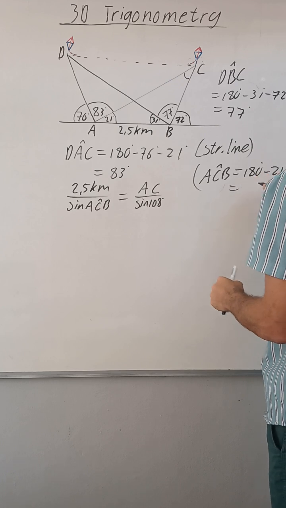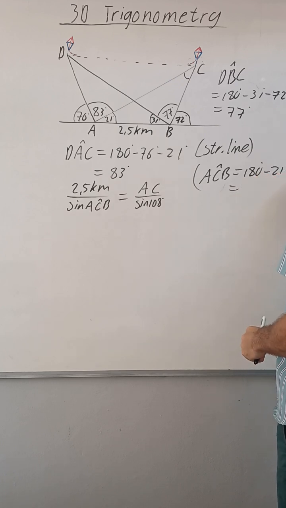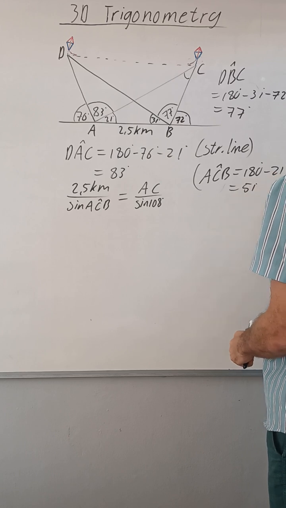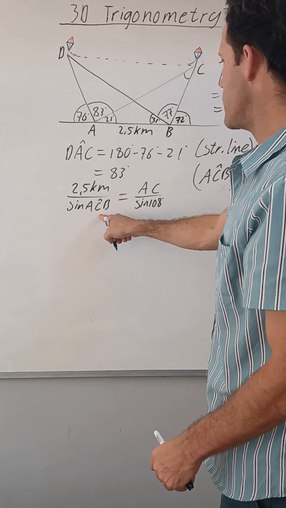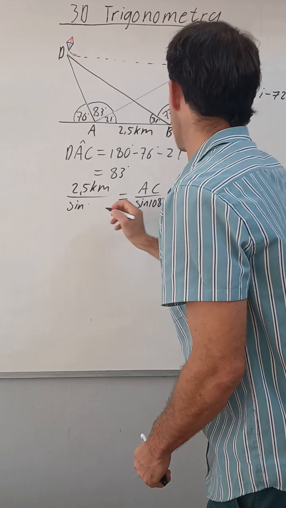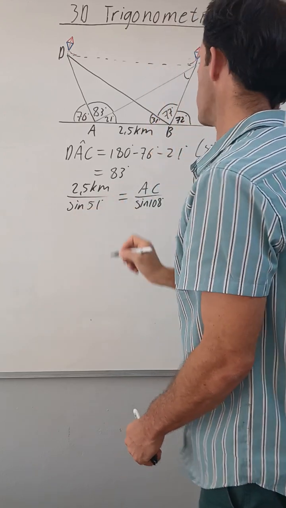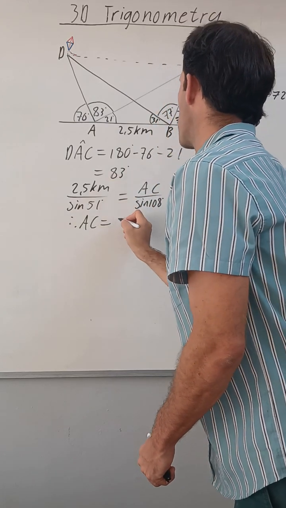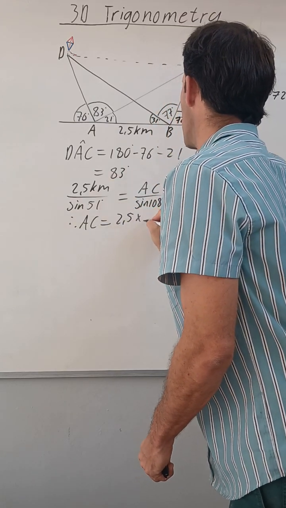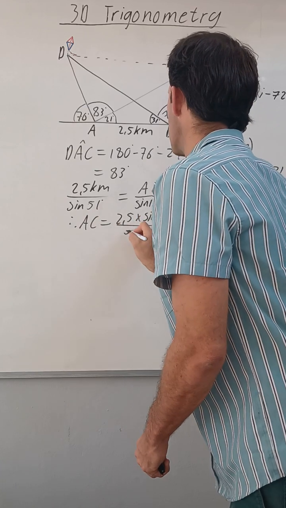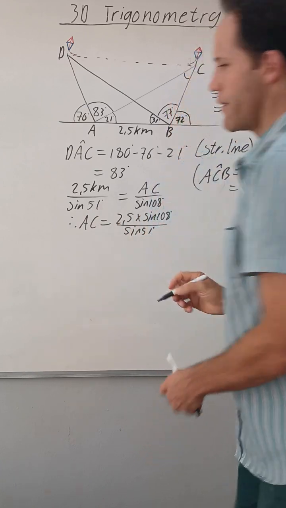Okay, and then that will give you 129, so it's 51 degrees. Okay, so this one, ACB, let's put it in. ACB is 51 degrees. And therefore AC, if you cross multiply, will be 2.5 times sine 108 divided by sine 51.